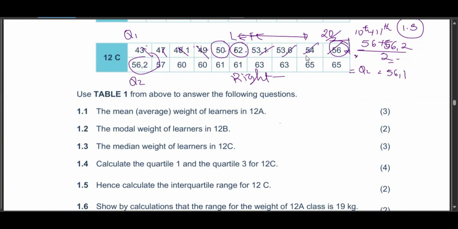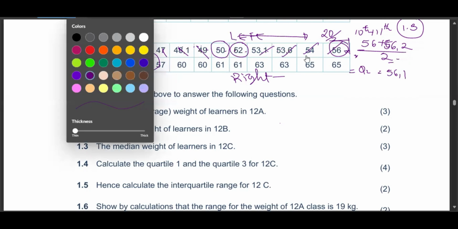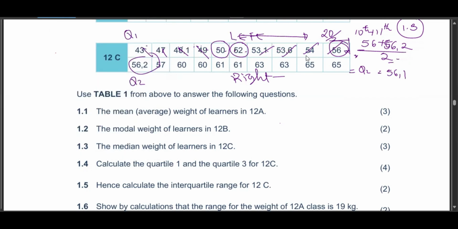Okay. So if you look at it critically, our Q1 is going to be 50 plus 52 divided by 2. The answer became 51. Then below, still we shall do the same method. We say 1, 2, 3, 4. So we are adding these 2.